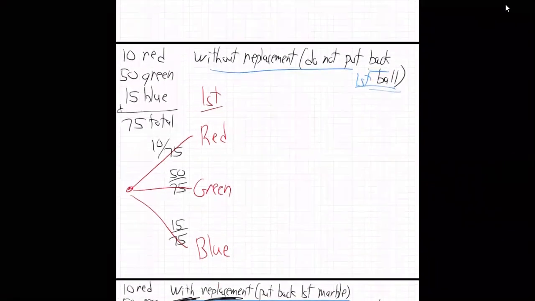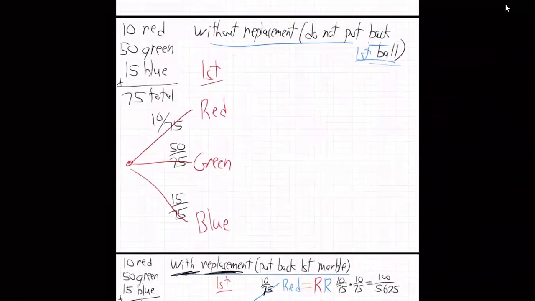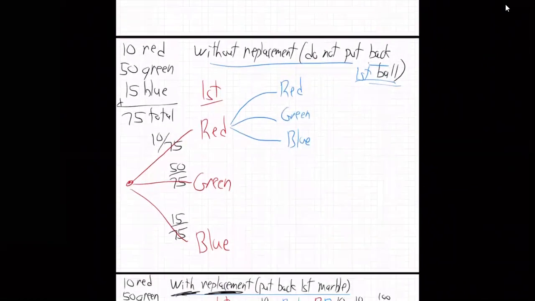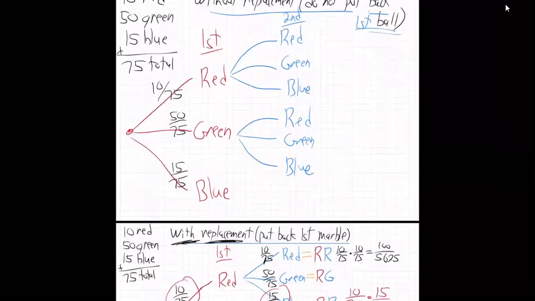Okay. Now the second draw, though, things are going to be a little different. When we reach in the second time, again, we can get red, green, blue. This is the second draw out of the urn.